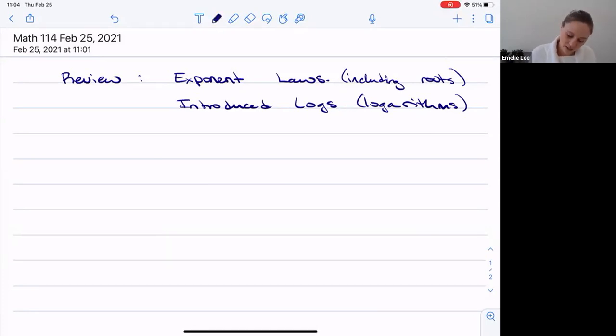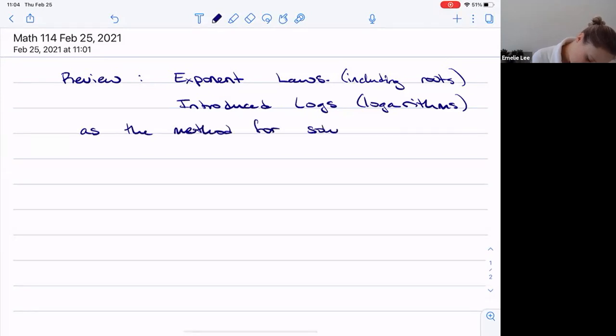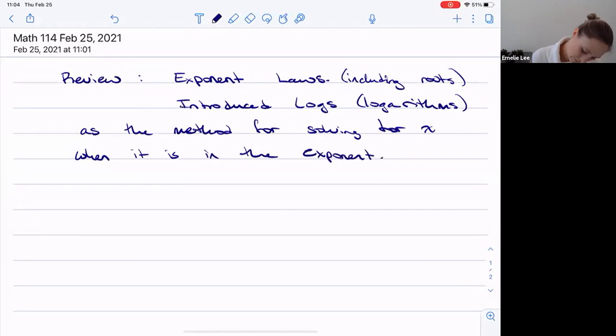So we introduced logs as the method for solving for x when it is in the exponent. We didn't do anything with that yet because we need some log laws, but we introduced the idea at least.